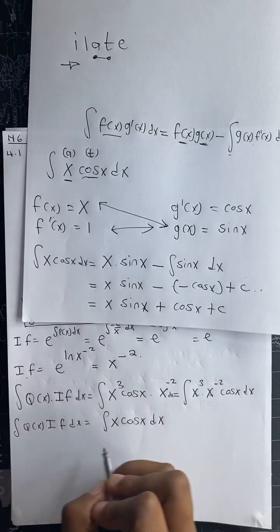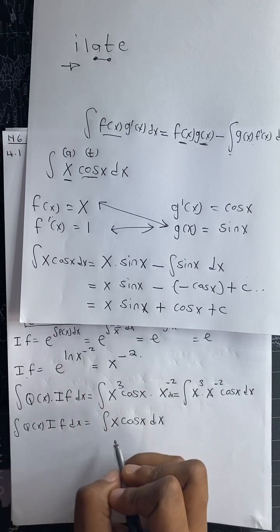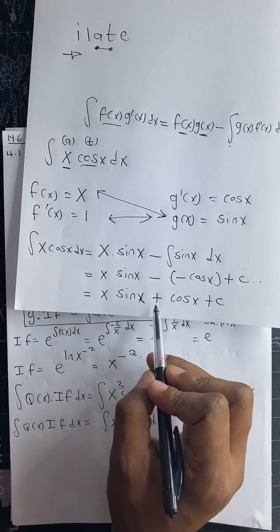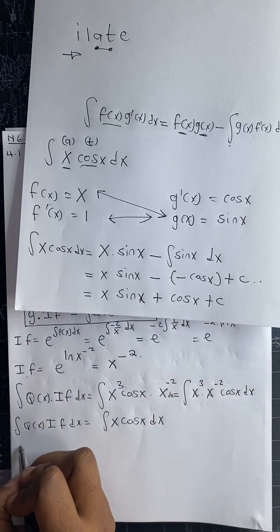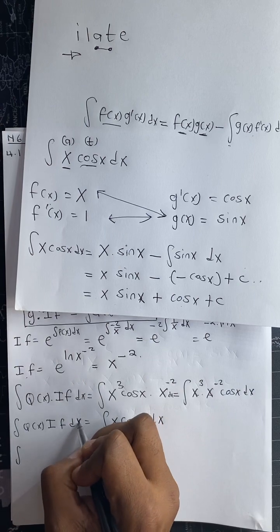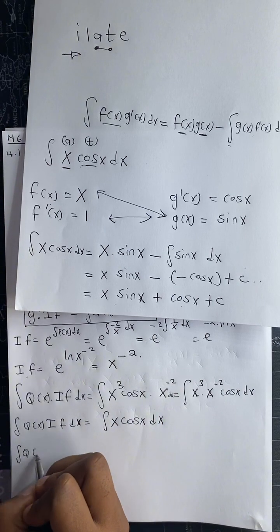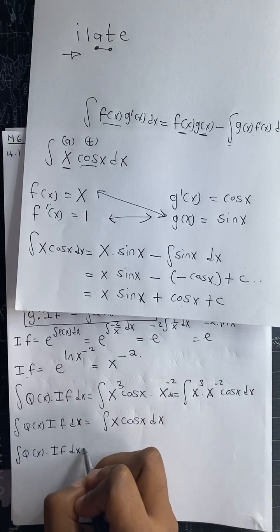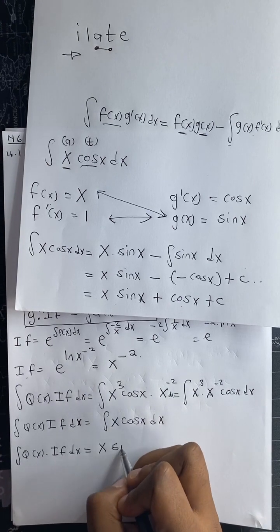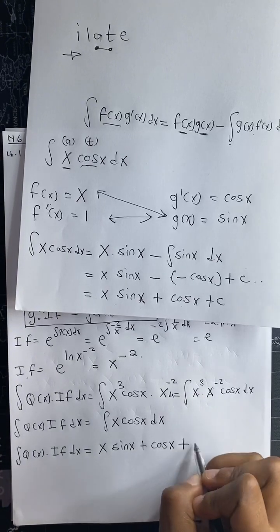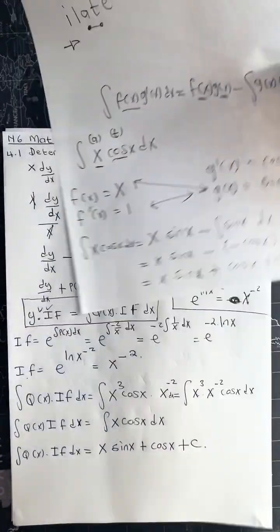So the integral of x cos x dx we just determined as x sin x plus cos x plus c, which is equal to the integral of q of x multiplied by the integration factor dx. So q of x multiplied by the integration factor dx is equal to x sin x plus cos x plus c.